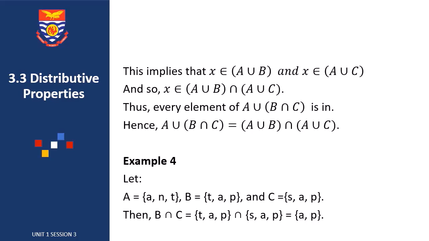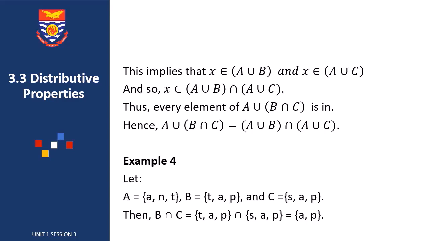Thus, every element of A ∪ (B ∩ C) can be found in (A ∪ B) ∩ (A ∪ C).